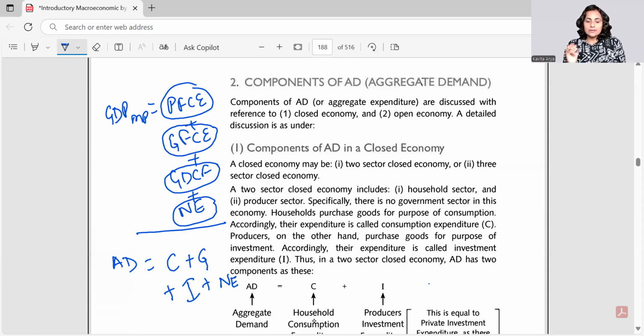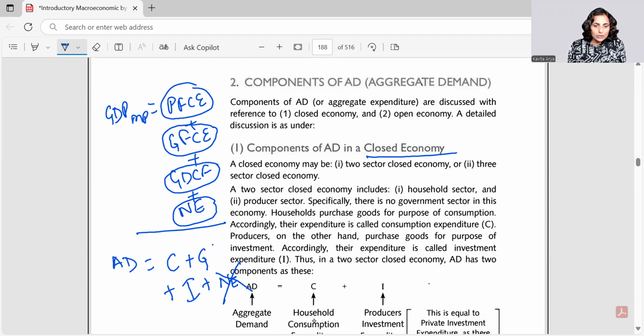But your syllabus wants you to restrict to a closed economy. So what do you mean by the term closed economy? A closed economy is one which does not have the external world with it. So NE gets cancelled out. So now AD is equal to C plus G plus I, an expression for the three sector model. When I say three sector model, we have the households, the firms, as well as the government sector involved in it. But our syllabus also wants us to limit this discussion to two sectors.